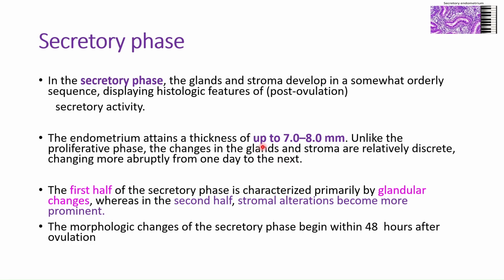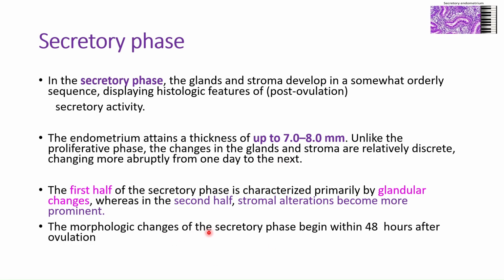Endometrium attains a thickness of up to 7 to 8 mm. Unlike the proliferative phase, the changes in the glands and stroma are relatively discrete, changing more abruptly from one day to the next. So in the first half of the secretory phase, they are characterized primarily by glandular changes, and in the second half, stromal alteration become more prominent.